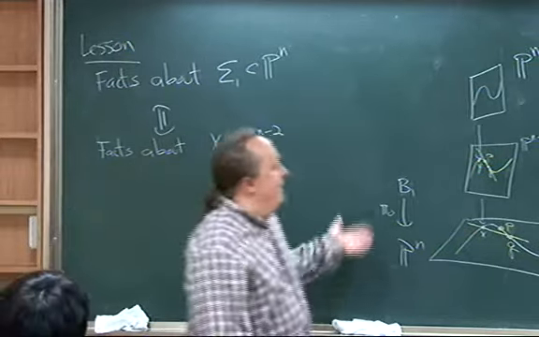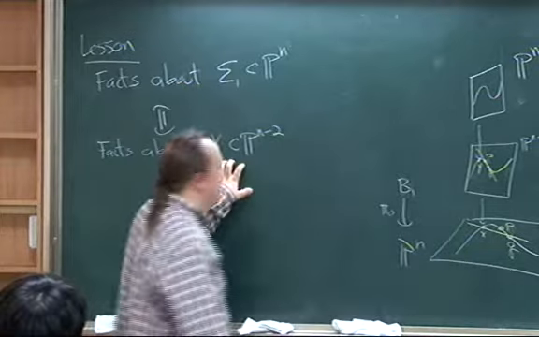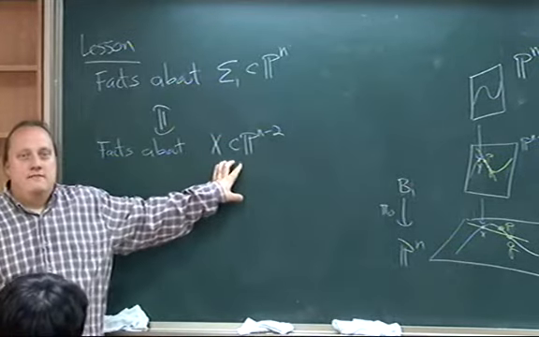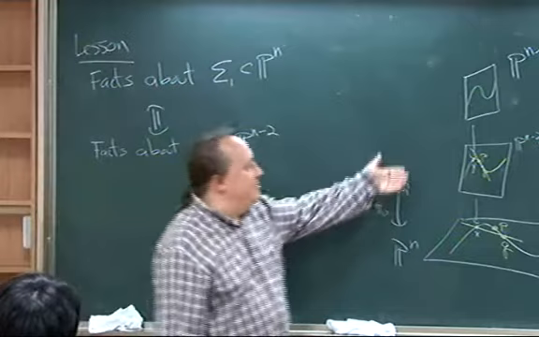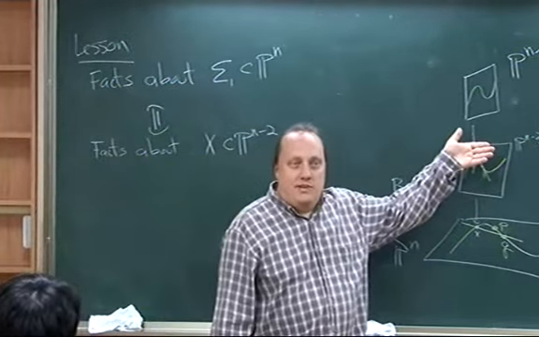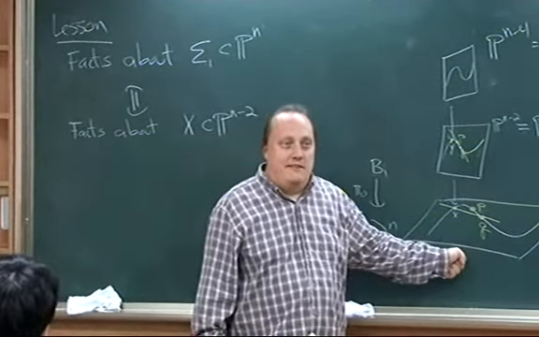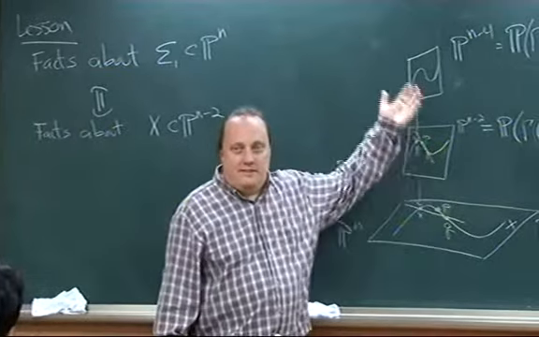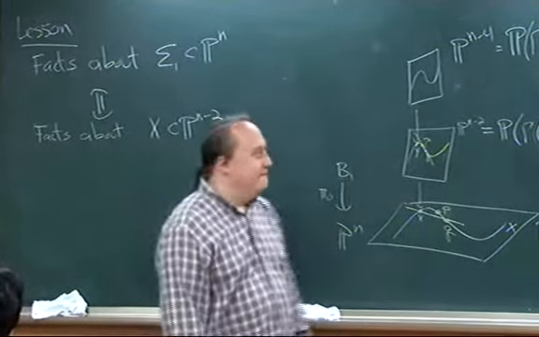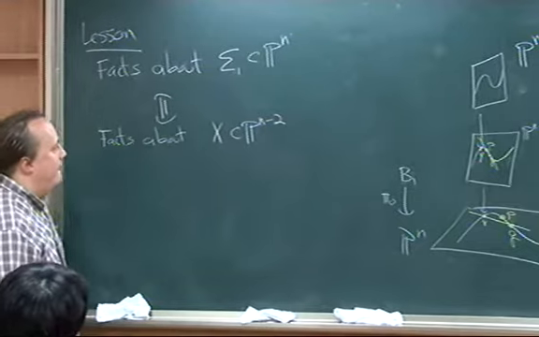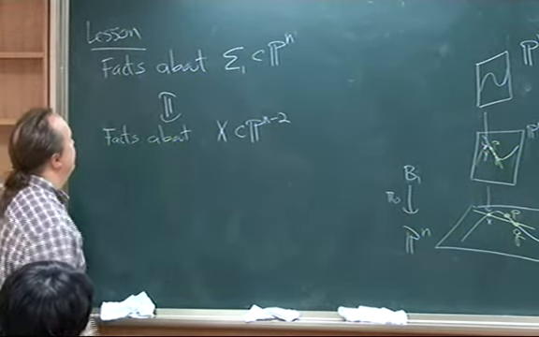Right? Because our secant variety is giving us all of these. So somehow there should be some interplay between what's going on at the Pn minus 2 level for curves and the secant variety in Pn, and vice versa. There has to be a back and forth here. So there's lesson 1.